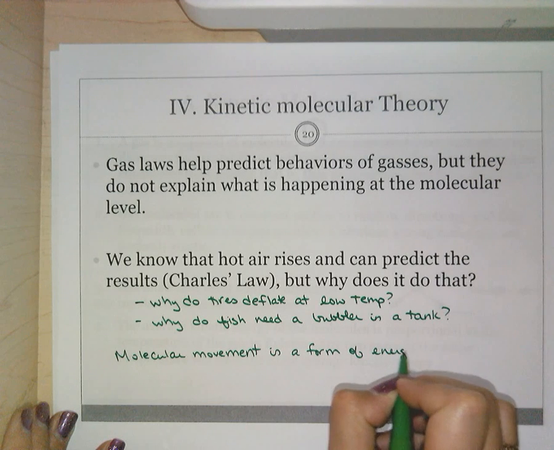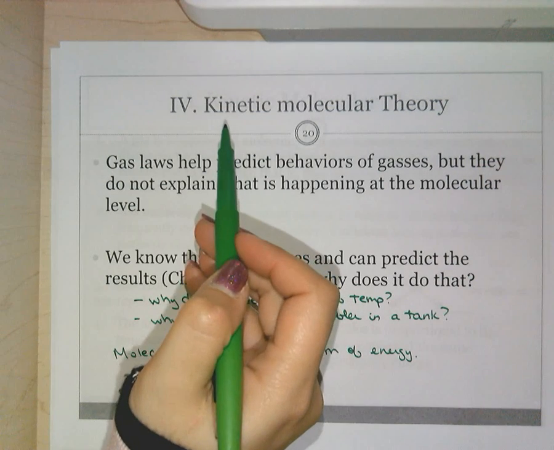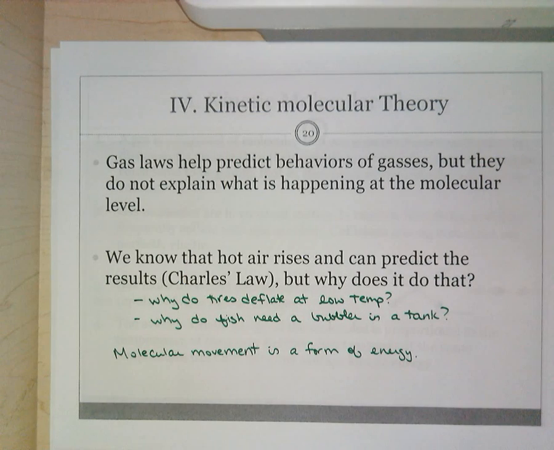So molecular movement is a form of energy, right? What are the two typical forms of energy we usually talk about? Kinetic and potential, right? We're going to be talking about the kinetic. And kinetic is referring to what sort of motion? Moving, right? Any kind of motion, like not standing still, moving. What is energy typically measured in, what unit? Joules. Good.